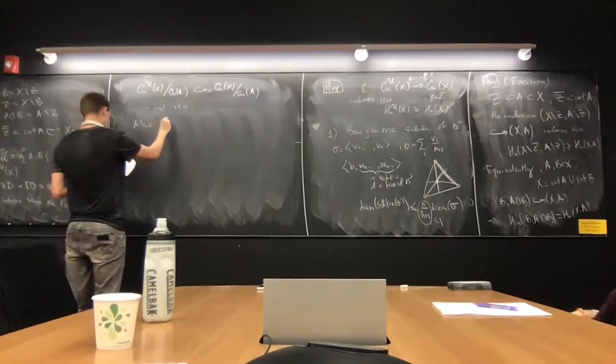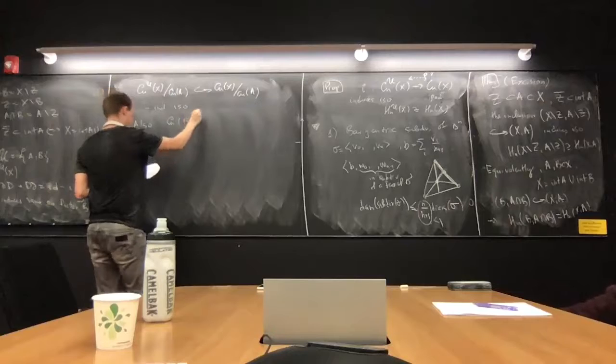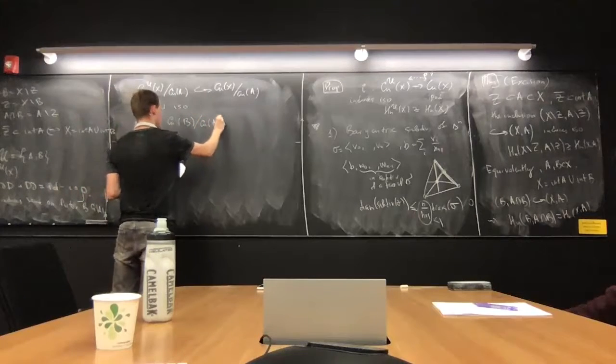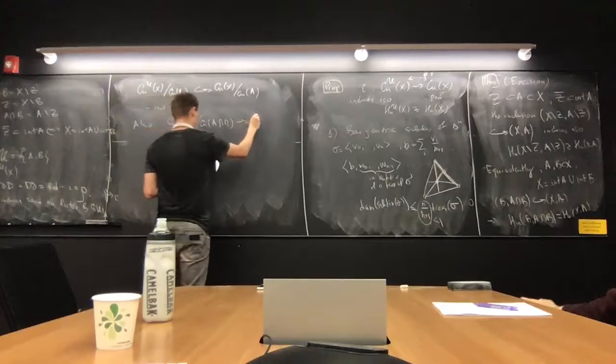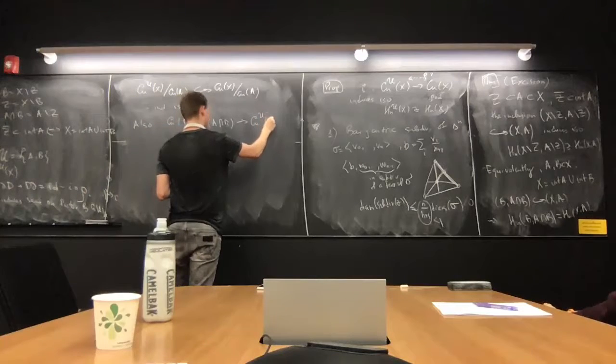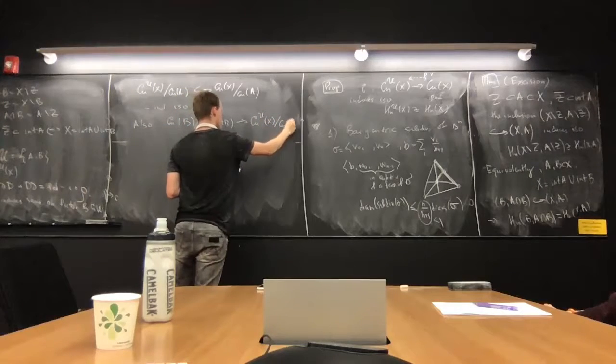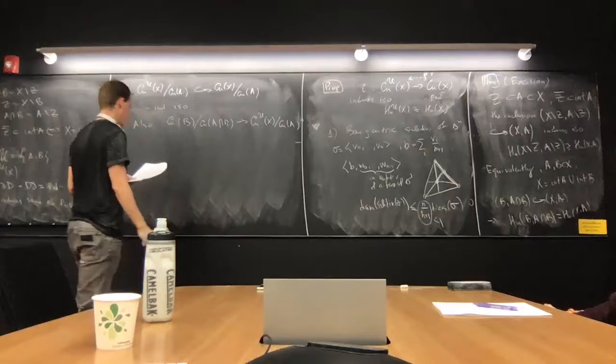Also, the map C_n of B by C_n of A intersect B into C_n^U of X by C_n of A. What is this map?